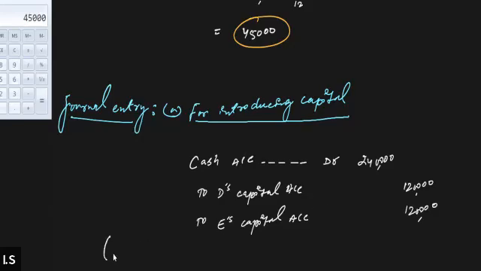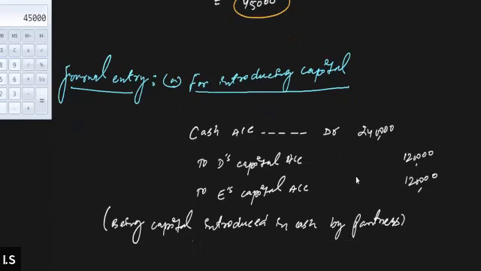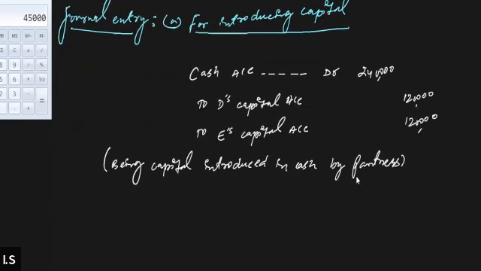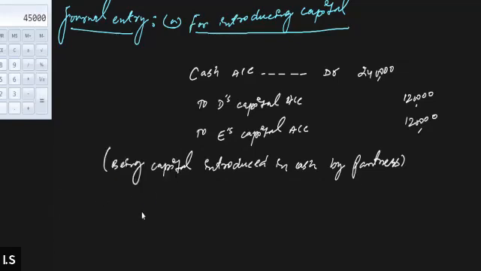And we can also write down the narration as being capital introduced in cash. Is this clear? Yes or no? Alexander, Heba, Mariam, Abin. Yes, sir, it's clear.